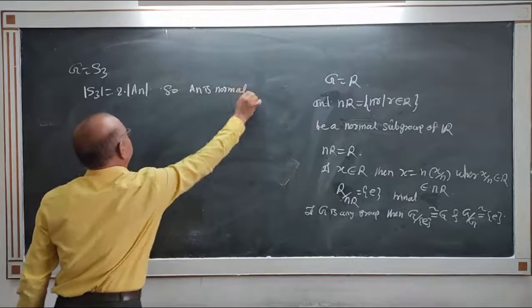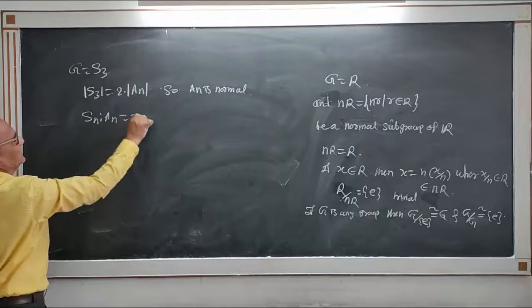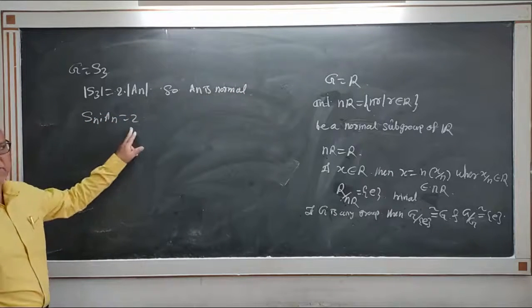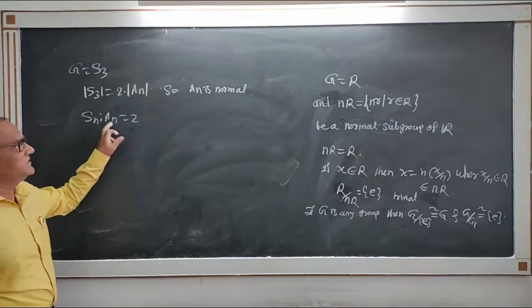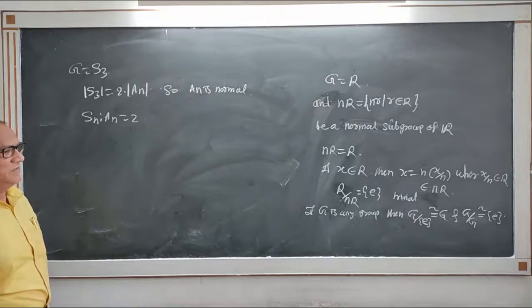That means the index of An in Sn is equal to 2. If the index is 2, then this subgroup is normal.